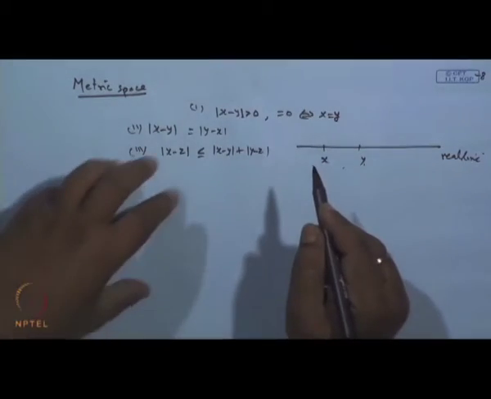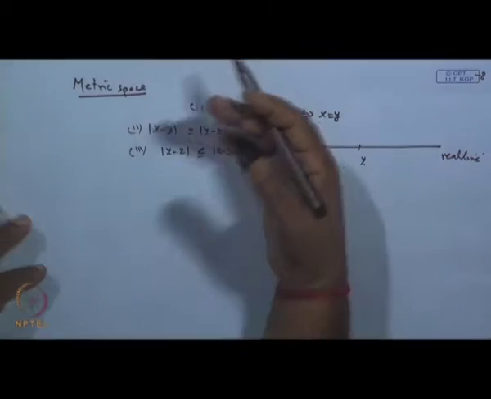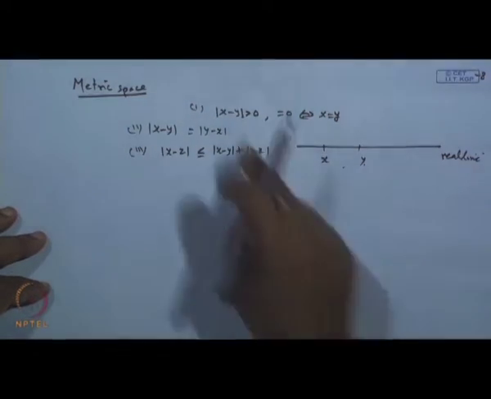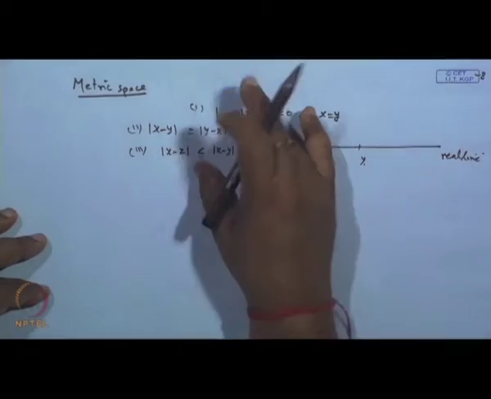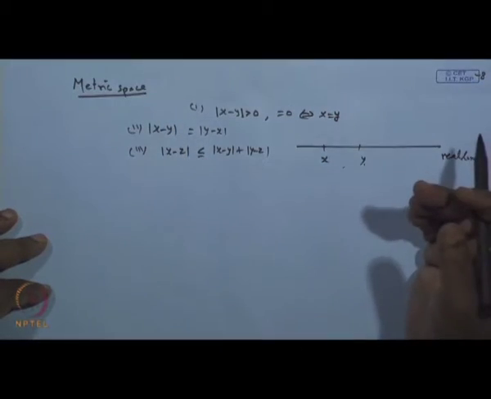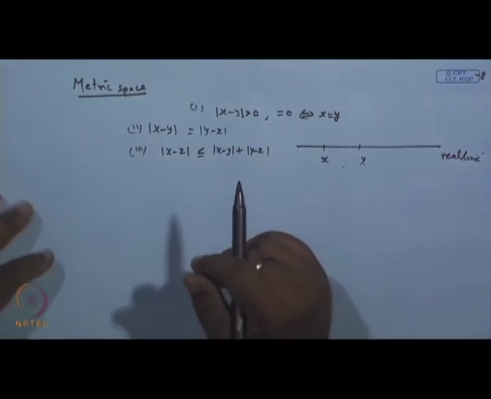Then we wanted to extend it to an arbitrary set, because this is the set of real numbers where we have this property. Now, we wanted to make this property an axiom for an arbitrary set, and that leads to the concept of the metric space.